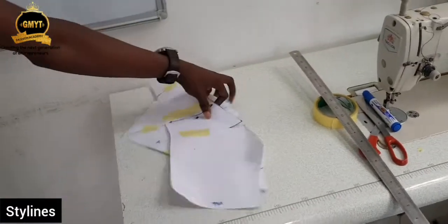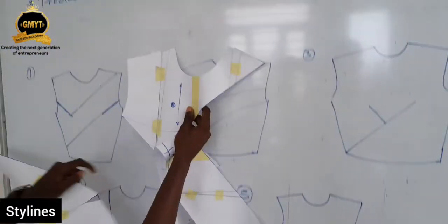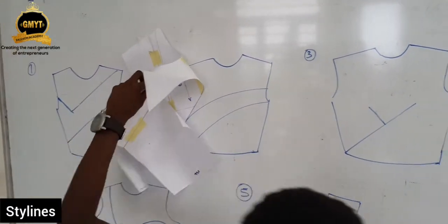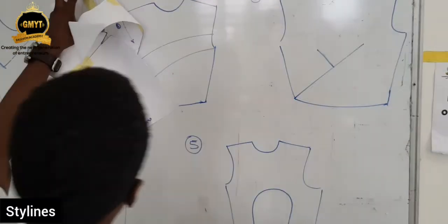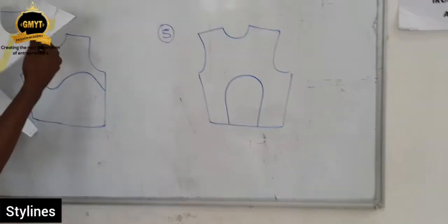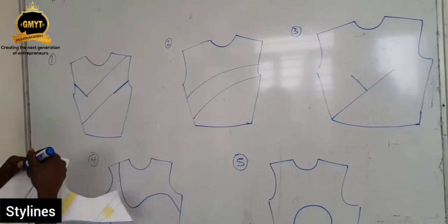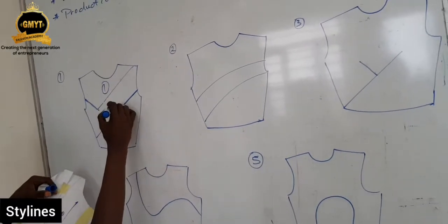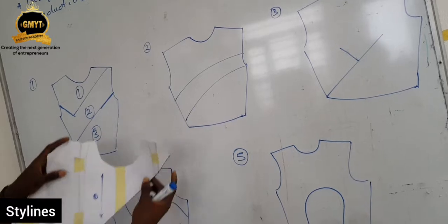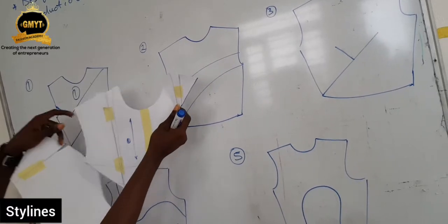So right here, I have my first piece, which is here. Number 1, number 2, and number 3. So I have my first piece, which is number 1.